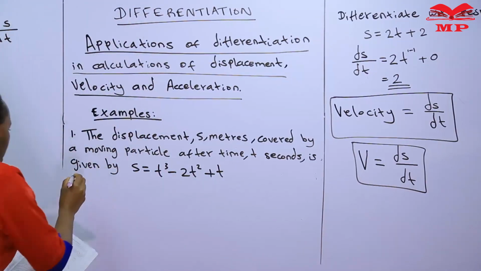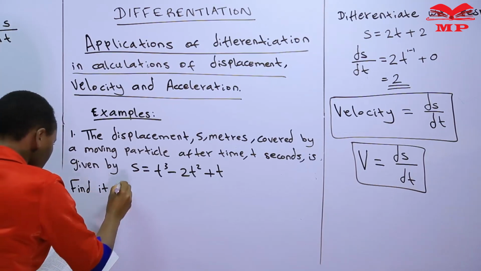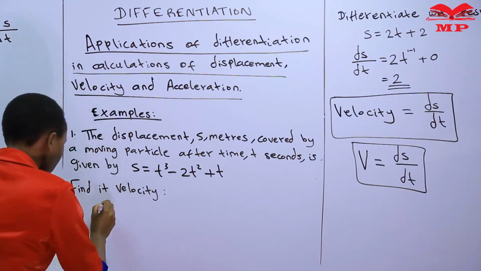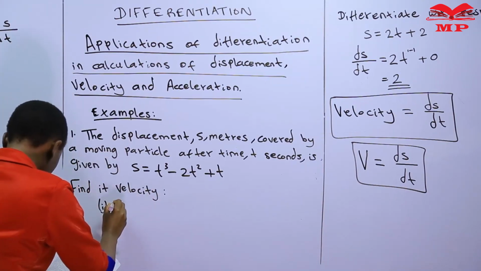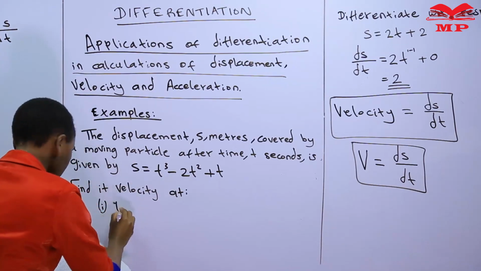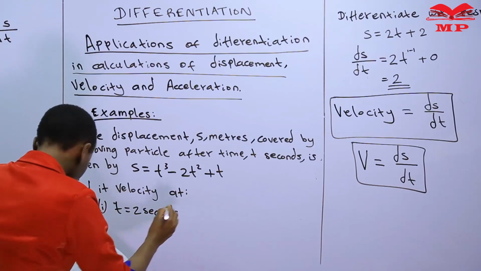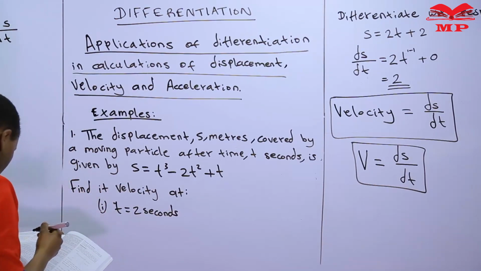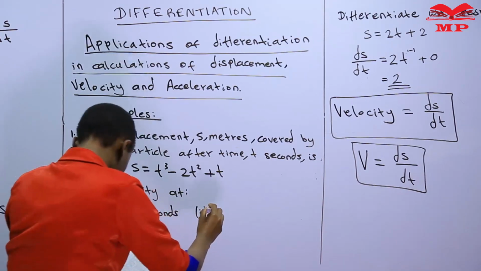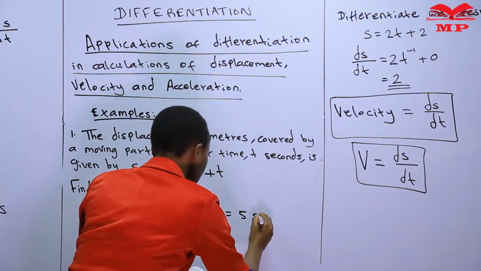And the question is, find its velocity. Number 1, when t is equal to 2 seconds. And then number 2, when t is equal to 5 seconds.